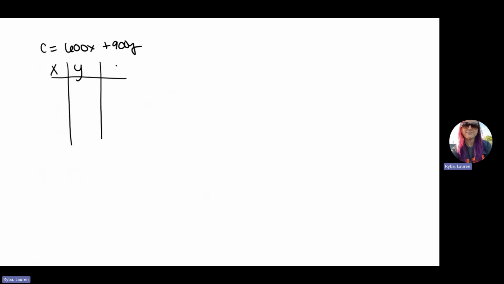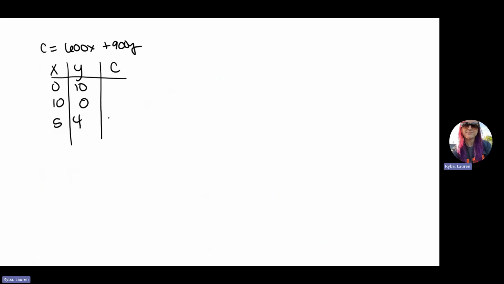So my new cost is 600 at X, 900 at Y. And we still have those same corner points, 0, 10, 10, 0, and 5, 4.